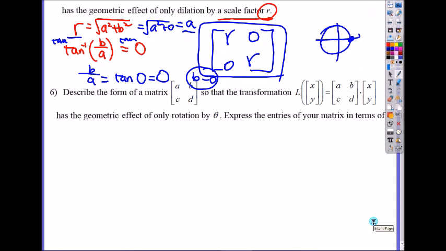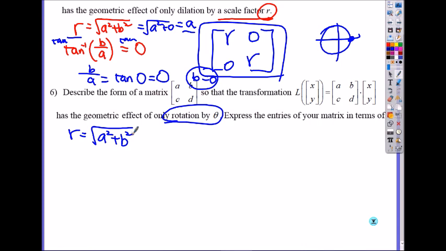What about b? Here, now, there is just rotation of theta, no dilation. What if it just rotated theta degrees? So r equals the square root of a squared plus b squared again. Right? What should r be?